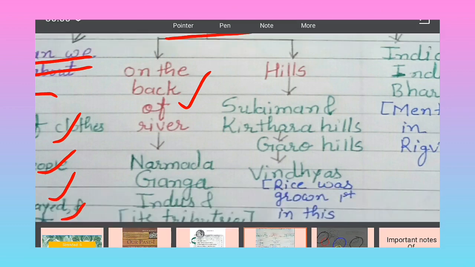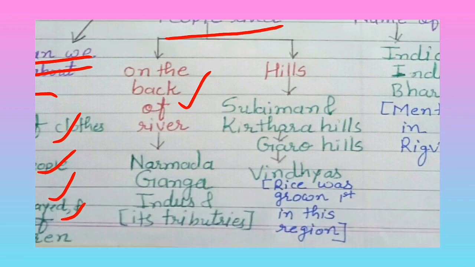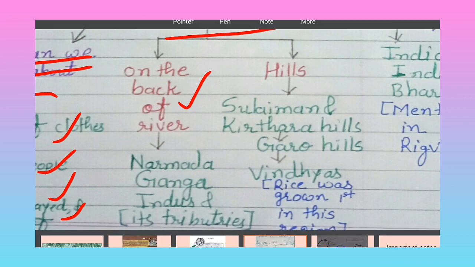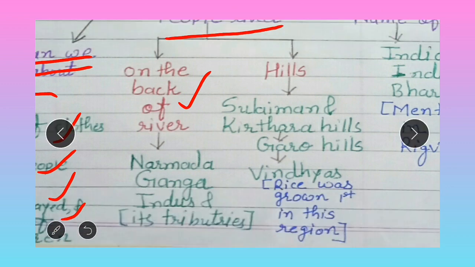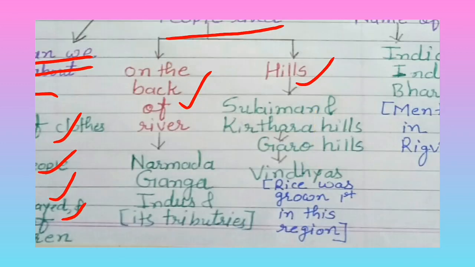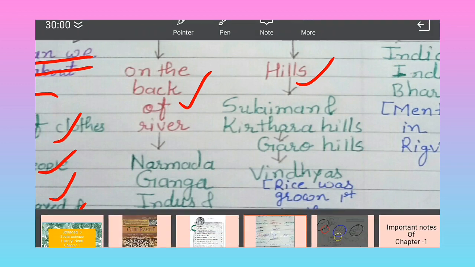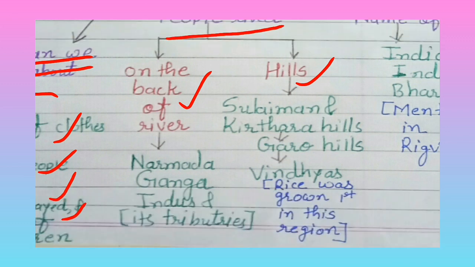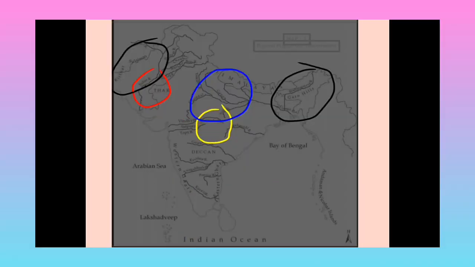Narmada, Ganga, Indus, and its tributaries. Another place where people started to live was hills or mountains. First, people lived in the Suleiman and Kirthar hills, the Garo hills, and the Vindhya hills, and rice was first grown in this region in the Vindhya hills.